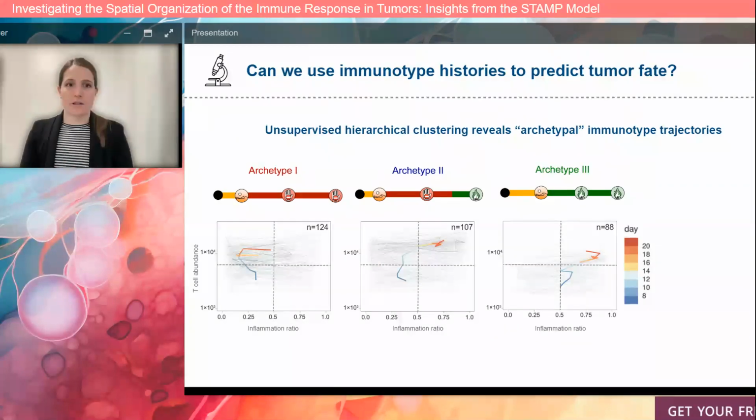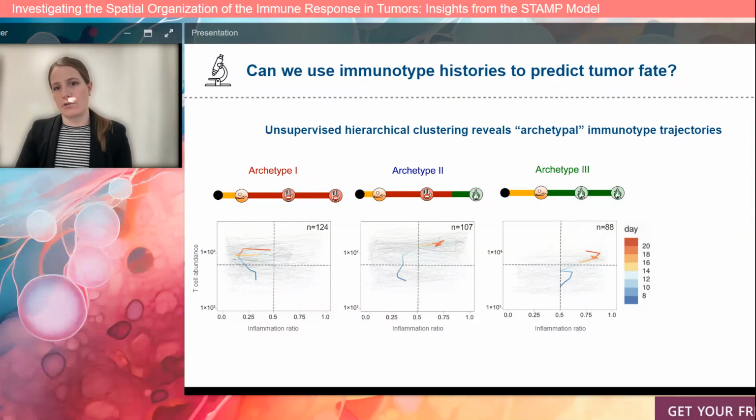So when we then took all of these individual tumor trajectories, or lifetimes of tumors, and performed unsupervised hierarchical clustering, it showed that there were 3 key archetypical immune trajectories, and I'm showing those here. So in the first archetype, we have tumors that start out in a desert-like or lowly infiltrated state, which then recruit T cells immediately into a very excluded pattern.